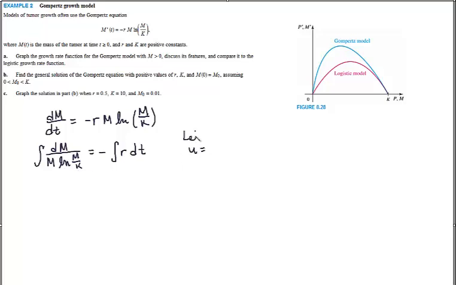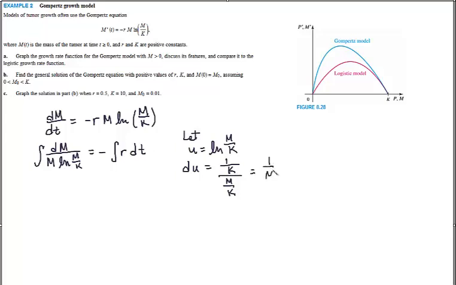We're going to let u equal natural log of M over K, and then this means that du is going to be equal to, taking the derivative of the outside, u prime over u, so that's going to be 1 over K over the M over K, and what I end up with here is just going to be the 1 over M.